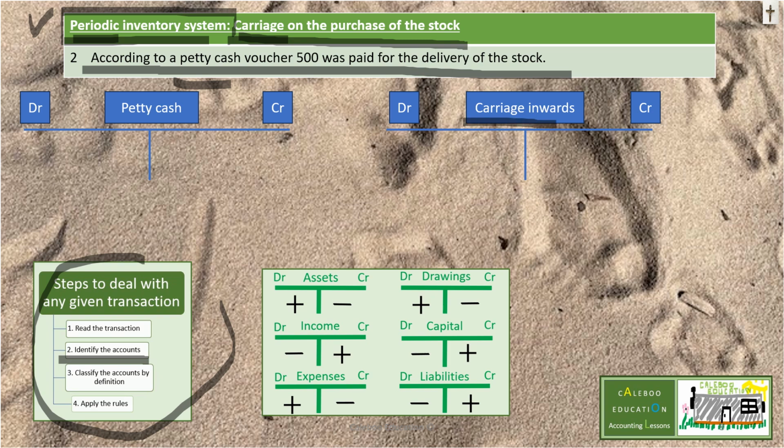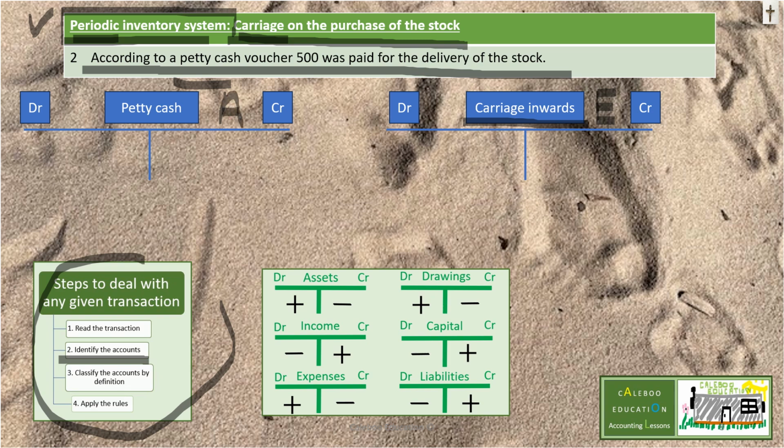Big difference to perpetual. In perpetual, it was added to the cost price of the stock. So now we're opening up an account, carriage inwards. Carriage inwards is an expense. Petty cash is an asset.